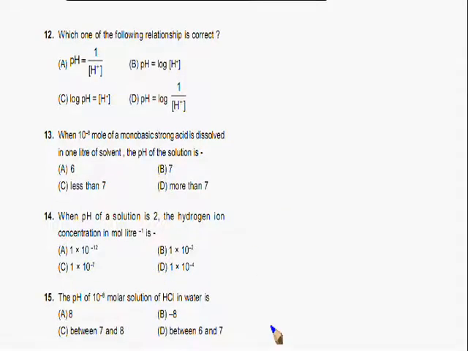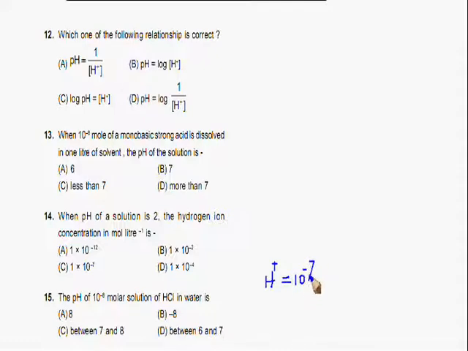Now the next question, question number 15. It's a very interesting question. The pH of 10 to the power minus 8 molar solution of HCl in water is. The most important thing here is that if the concentration of H+ is less than 10 to the power minus 7, then we must consider the H+ of the H2O, that is 10 to the power minus 7.